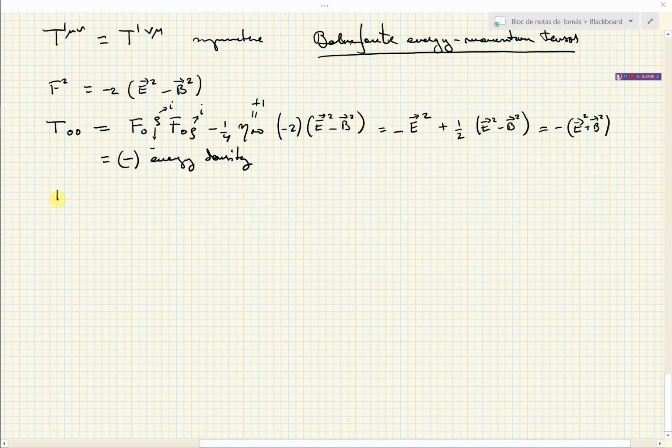Then we can compute the components Ti0. So this is Firho F0rho, minus, and then eta 0i is 0, so we don't need to compute anything else. And because this is 0, rho has to be a space-like index, so this would be Fij minus Fij, because I lower this j, and I get a minus sign, F0j.